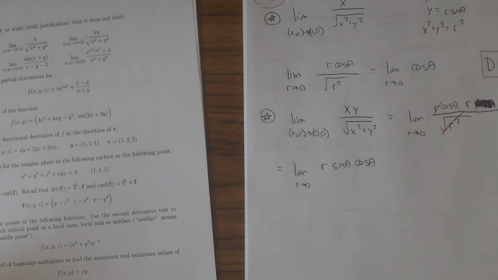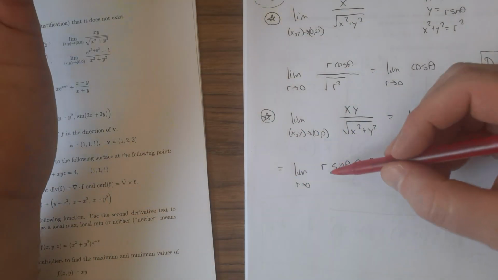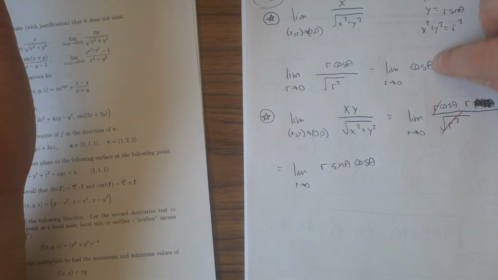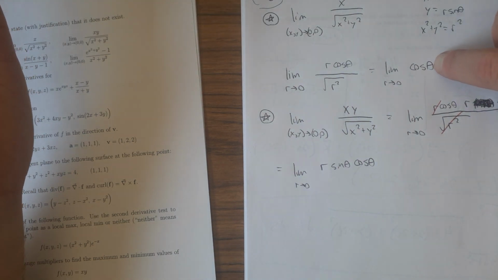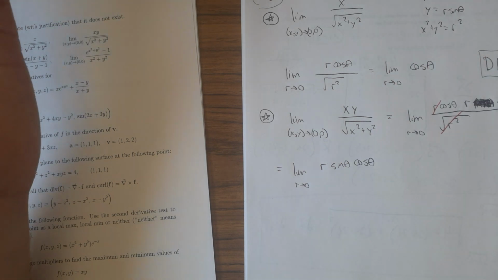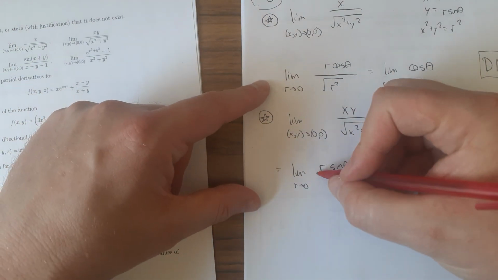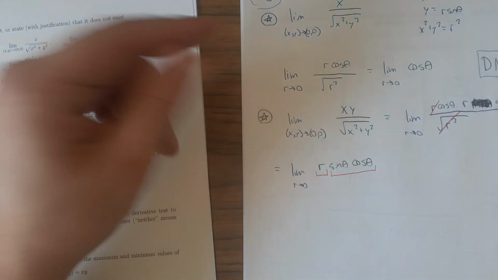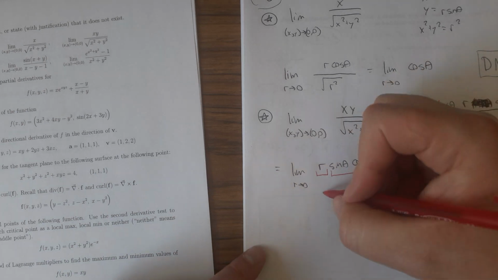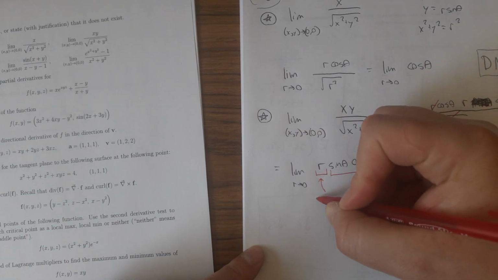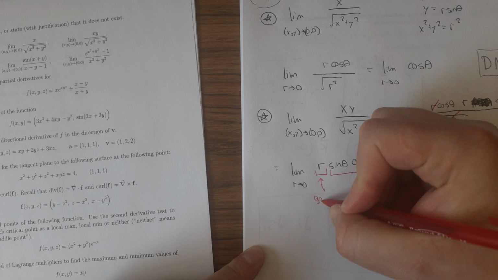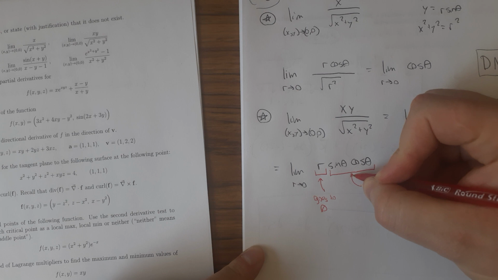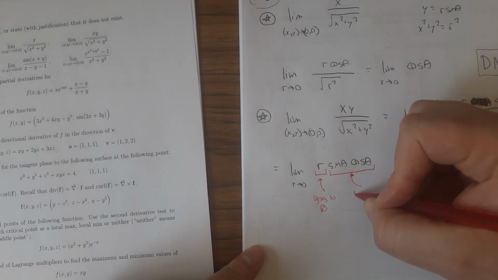And so here's how this one's different from the last one. There's still r's. After the smoke clears, there's still r's. There weren't when we were doing the last one. It was only thetas. So here's what I'm going to say about this one, and you've seen me do this before. I see a part that depends on r and a part that depends on theta. This part is going to 0. This part, the important part about it is that it's bounded.